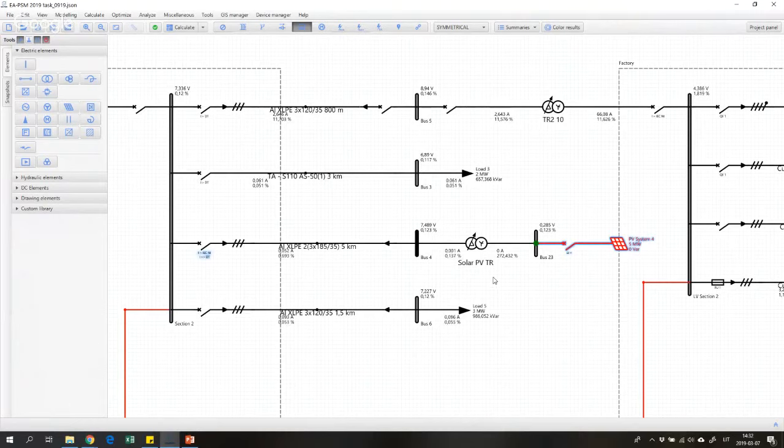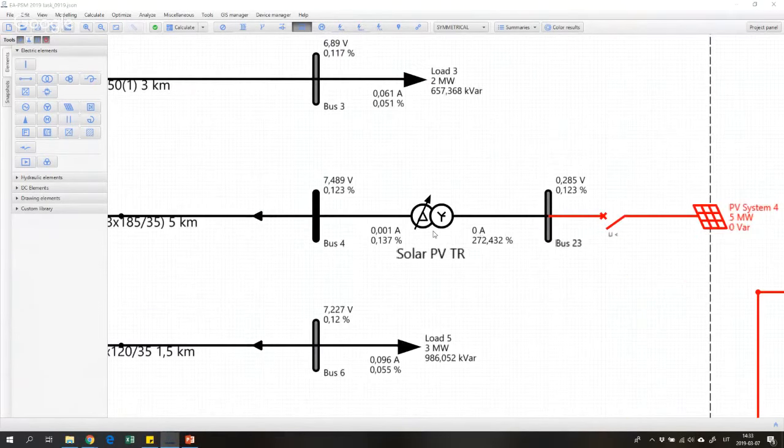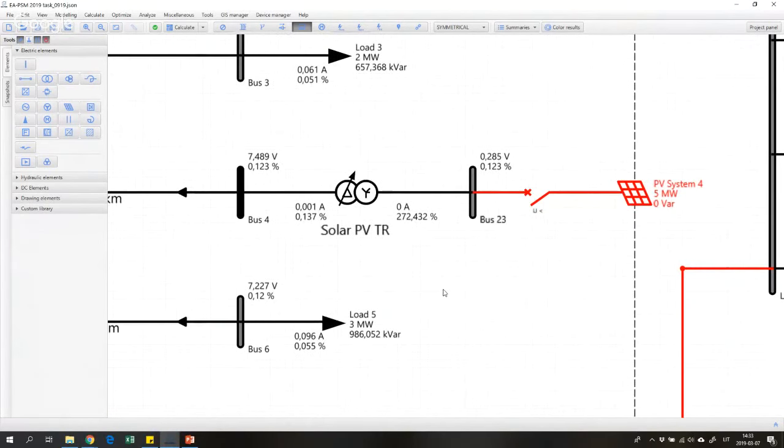So with this kind of software, you can not only estimate the harmonics, but also find possible solutions for harmonics-related problems. One of the solutions which is quite commonly used is three winding transformers, to divide the harmonics from the solar power plant into two halves.